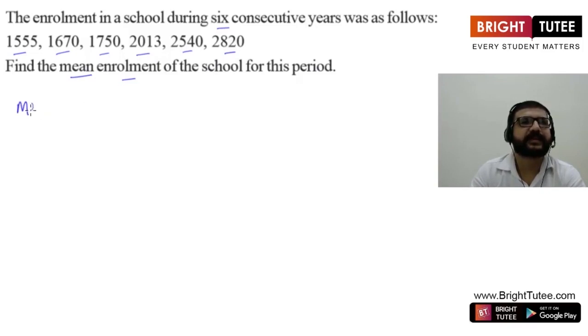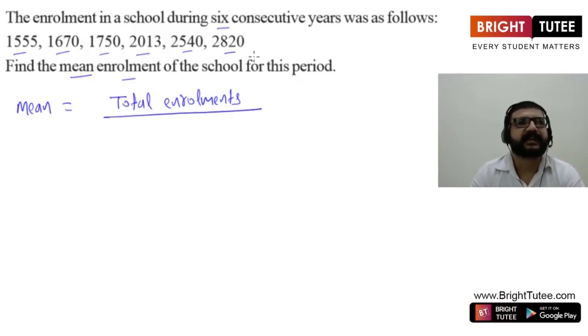Now as we know, mean is equal to the sum of observations, that will be total enrollments in this case, divided by the number of observations, that will be the number of years here. Now as we can see, this data is for 6 consecutive years, so the number of years will be 6.